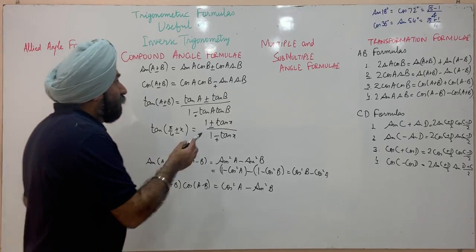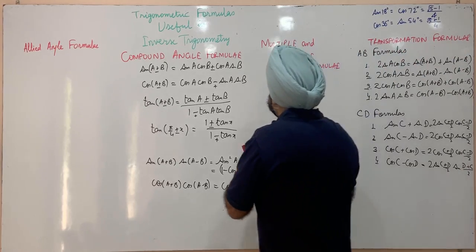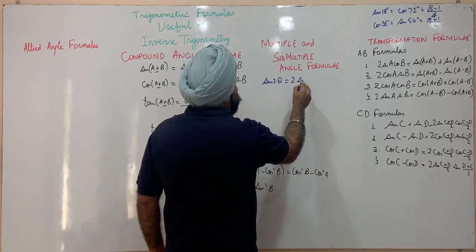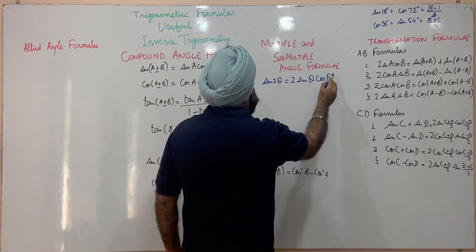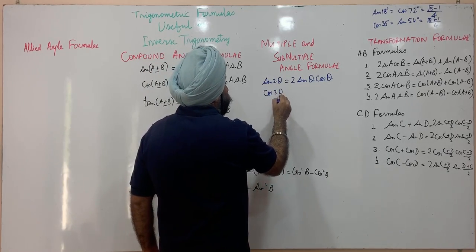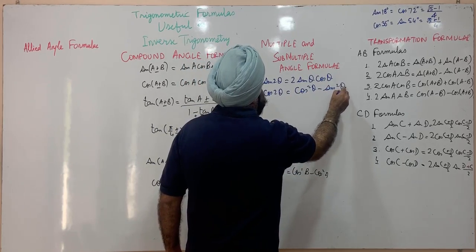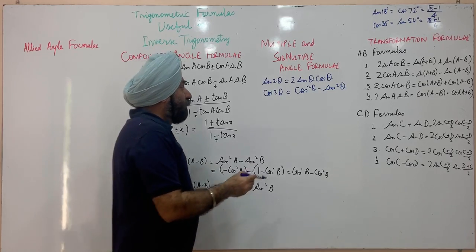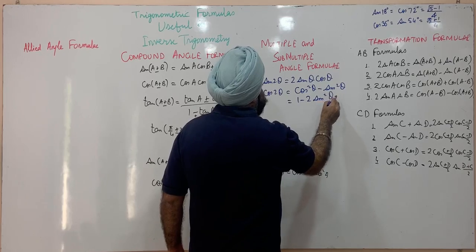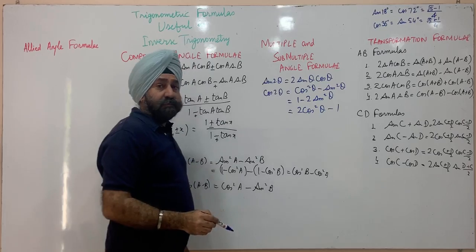Then coming to multiple and submultiple angle formulas, we have sine of 2 theta, which is 2 sine theta into cos theta. And cos of 2 theta is cos square theta minus sine square theta. This can also be written as 1 minus 2 sine square theta or 2 cos square theta minus 1.